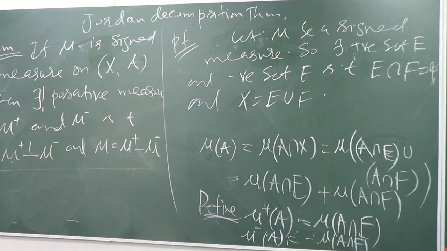But I know that mu has another decomposition. This is same as mu plus of A intersection F prime minus mu minus of A intersection F prime. Both are positive. This is 0, so if I am subtracting 0, it's not making any difference.